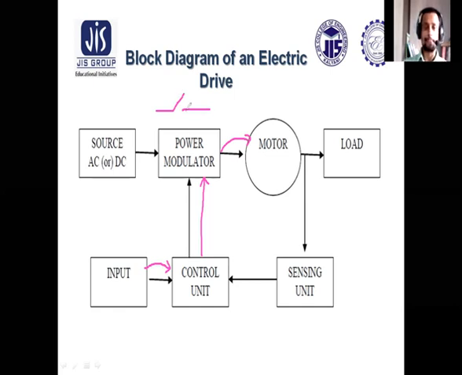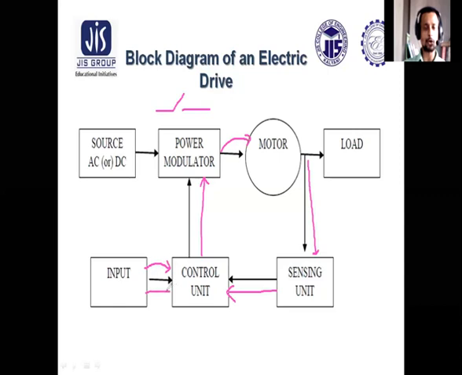So suppose that this motor is rotating somehow at 1400 RPM, but you desire the motor to operate at 1500. So this 1400 RPM will be sensed by the sensing unit. So the sensing unit will send 1400 RPM to the control unit.